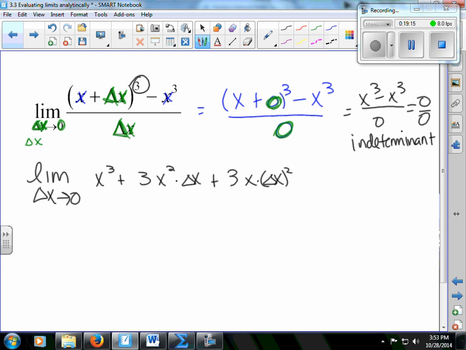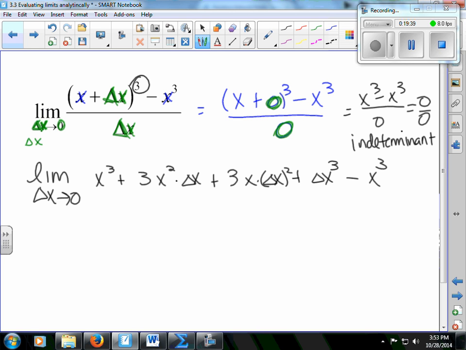I put parentheses around the delta x because I want you to remember he's his own thing. It's not a delta times an x. It's its own quantity, delta x. And then plus delta x cubed. Here I didn't put the parentheses because it's not necessarily needed.